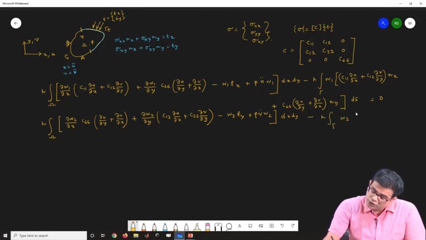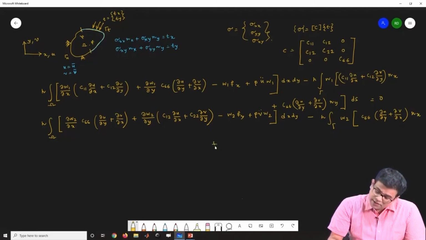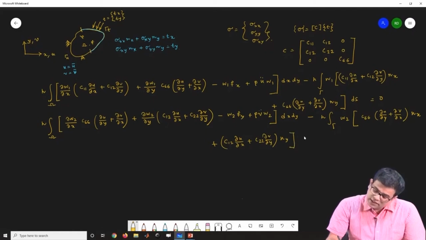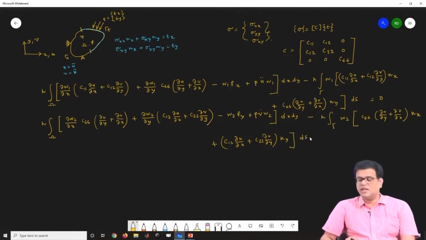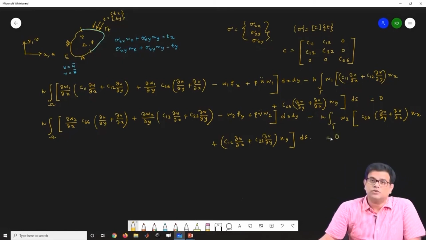You will have w2 and then the first sigma xy term, so c66 del u del y plus del v del x into nx, plus c12 del u del x plus c22 del v del y into ny. This is multiplied by ds, and this equals 0. So this is the weak form that we have studied.